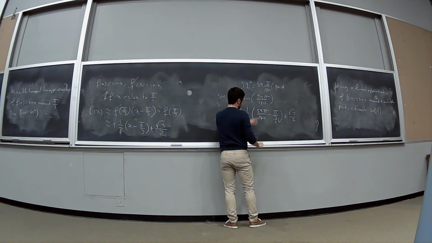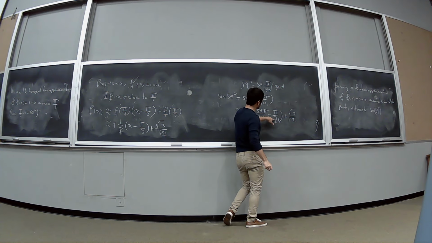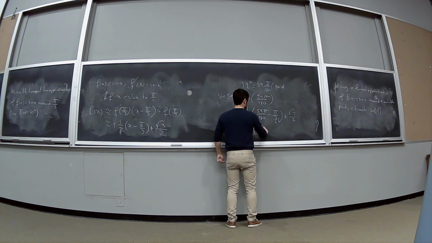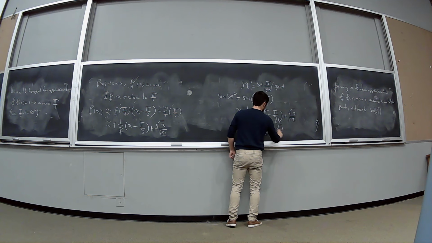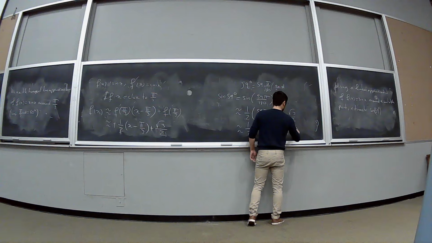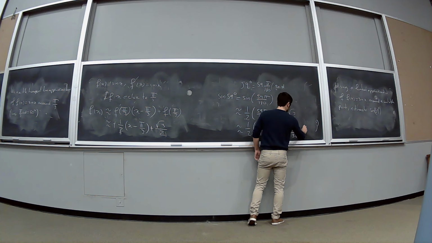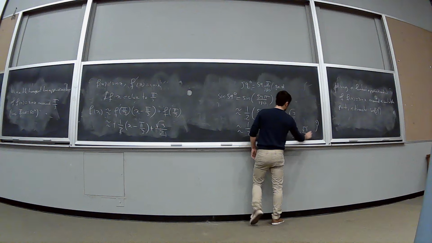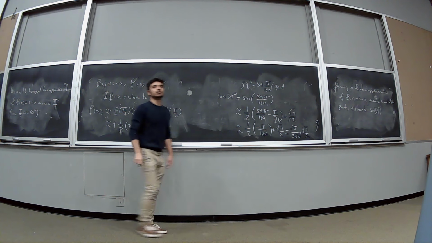This is 1/2. So this is 60 pi over 180. So this is minus pi over 180 plus root 3 over 2. And that's what you get. You get minus pi over 360 plus root 3 over 2.